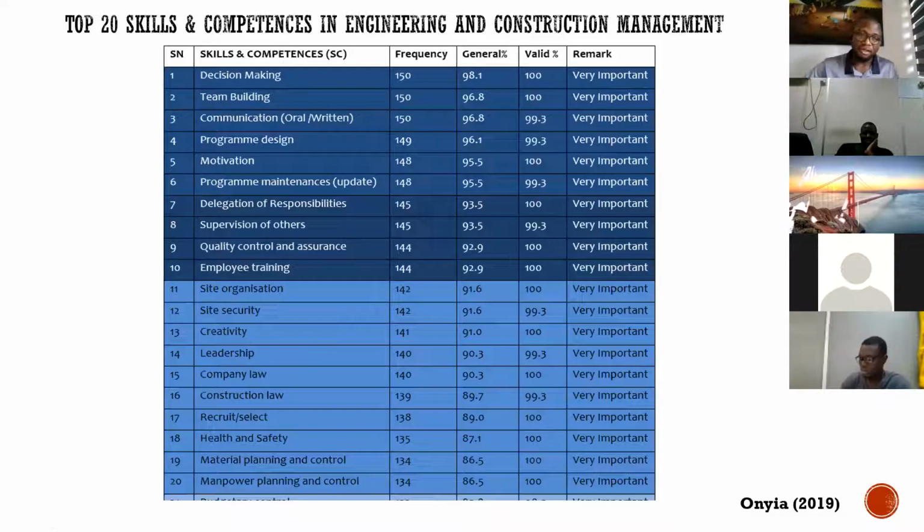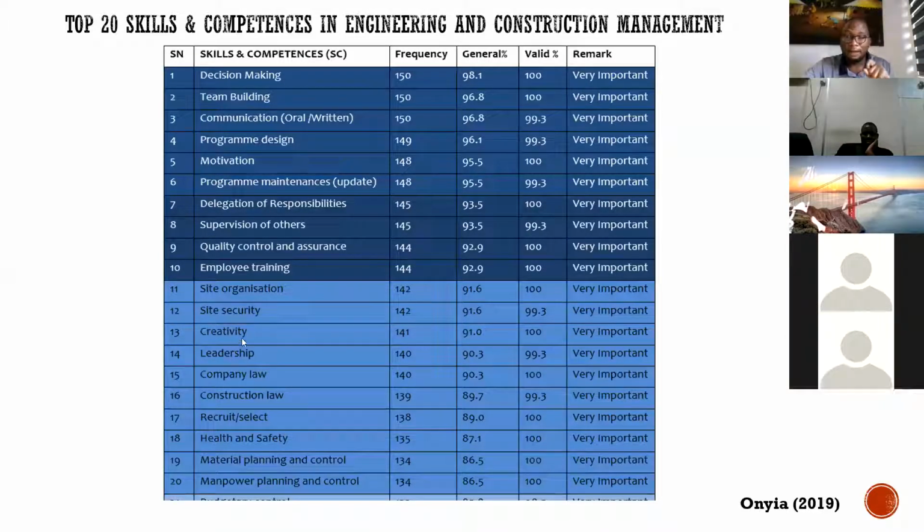So, inside organization, you have security and creativity then start coming down. And the amazing thing was where I found leadership and creativity on this table. But don't take away the fact that it got about 141 frequency, that's ranking, that is considered very important.